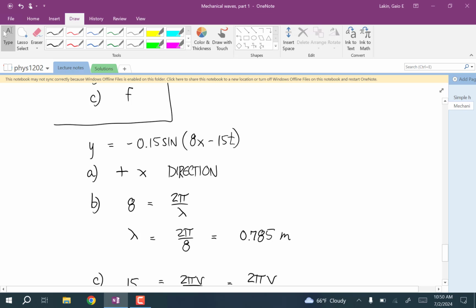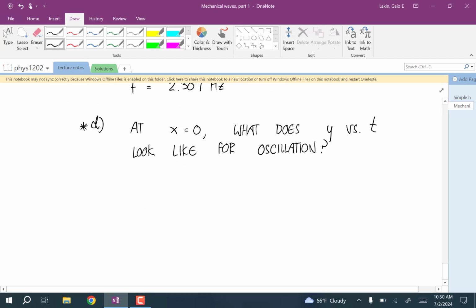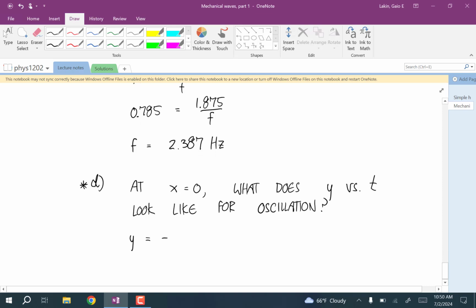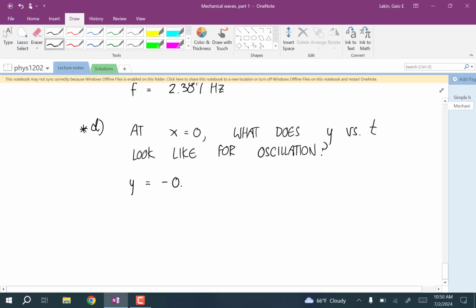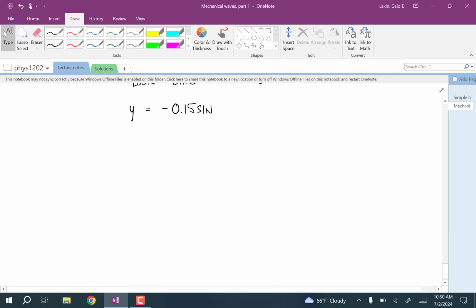Well, we can go to this wave function and set x equals 0. And what we get is that y is equal to negative 0.15 sine. x is equal to 0, so in the parentheses we just have negative 15t.